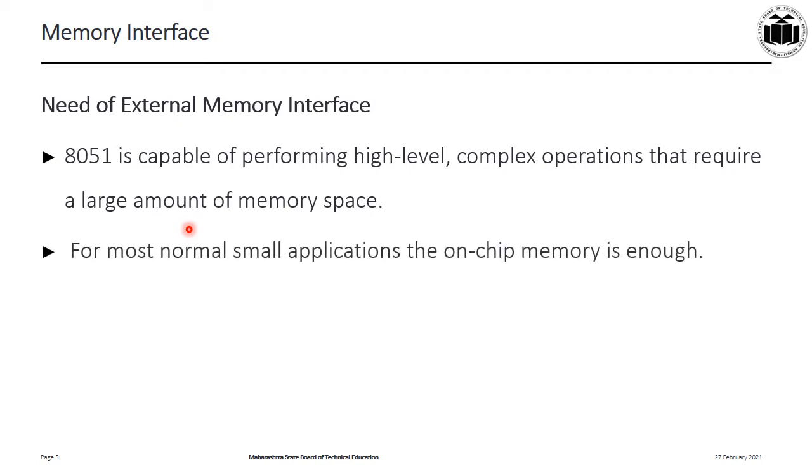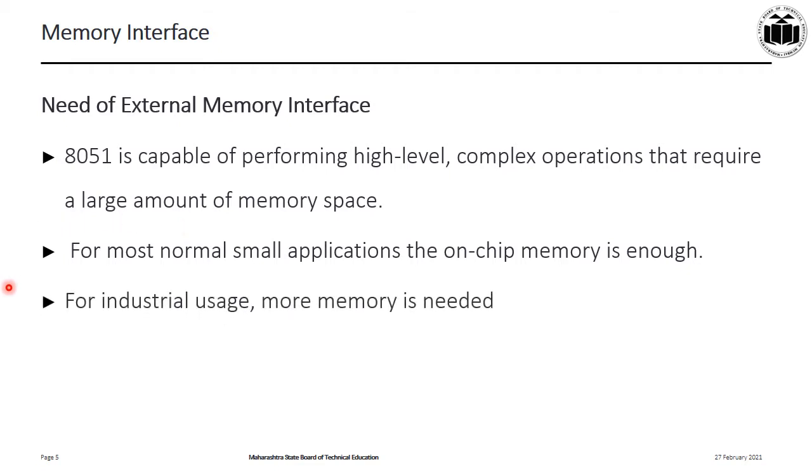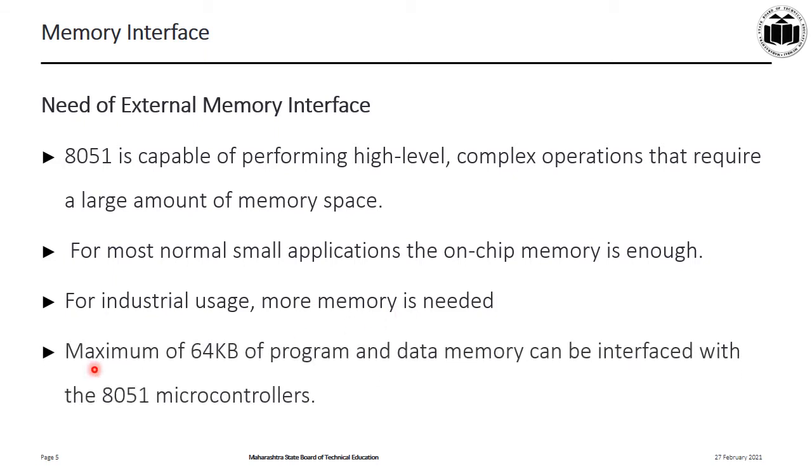For normal application, on-chip memory is enough, but for industrial usage, more memory is needed. So the next question is, how much memory can we interface? A maximum of 64 KB of program and data memory can be interfaced with 8051.